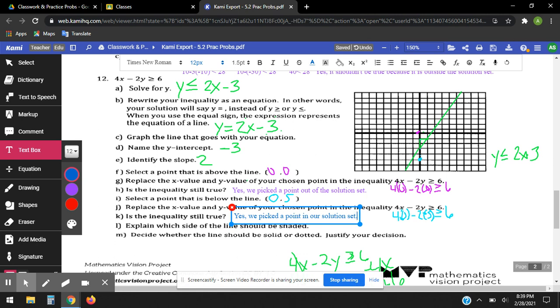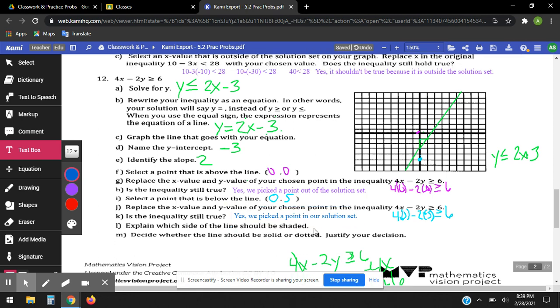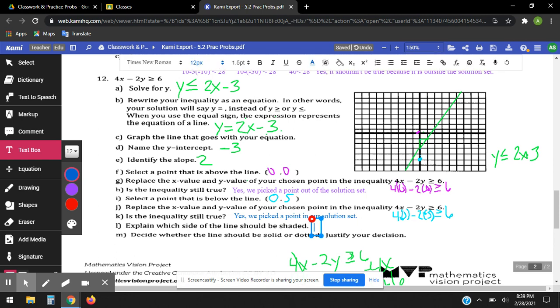Explain which side of the line should be shaded. Below the line should be shaded because y is less than or equal to.